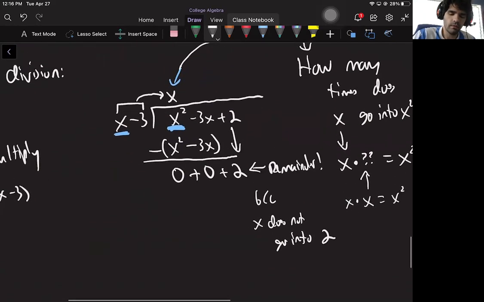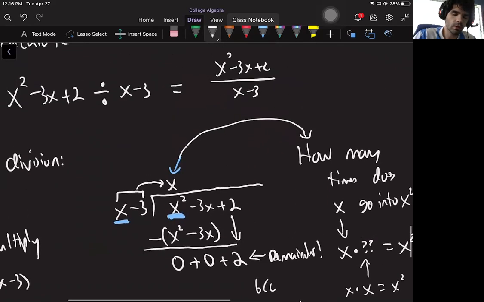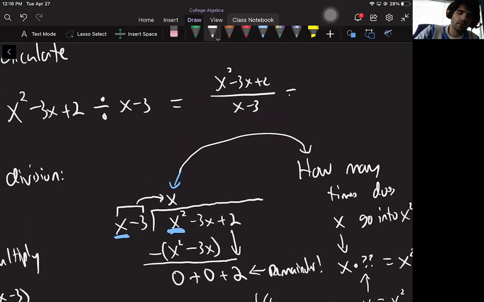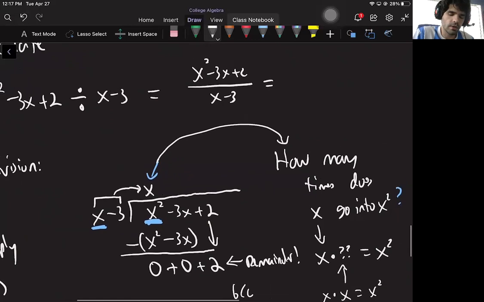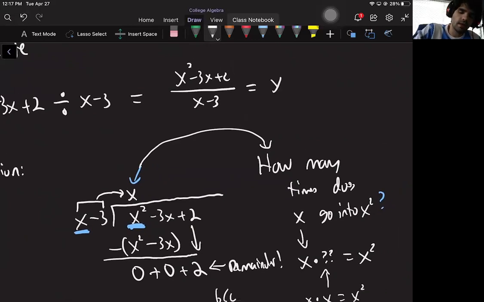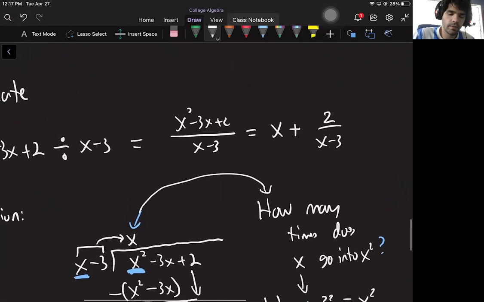So then what does this mean? How do we interpret this work that we just did? Like how we interpreted 70/6 as being 11 and the leftover remainder. We interpret this as x, and a little bit more, plus the remainder over what we were dividing by.